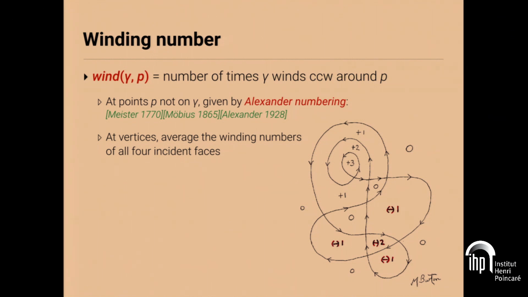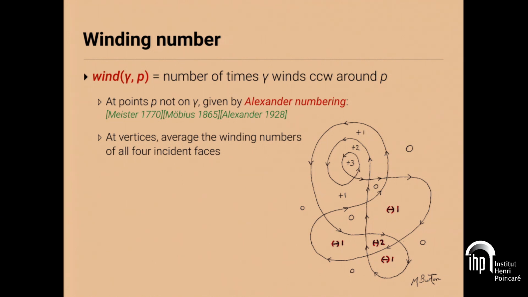So remember, there's this Alexander numbering. The outer face of an oriented curve has Alexander number 0. For every pair of adjacent faces, the winding numbers differ by 1, with the left side being 1 more than the right. Now I can extend the notion of winding number to the winding number of a curve around one of its points by taking the average of the winding numbers in the nearby faces.